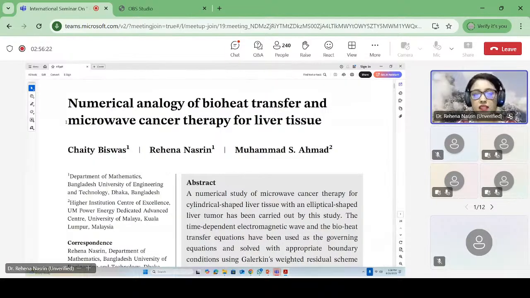This is microwave cancer therapy. In the bioheat transfer model, we use two types of models: number one, bioheat transfer, and number two, microwave electric current.